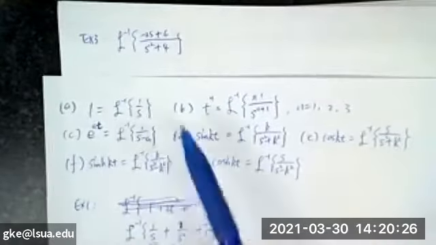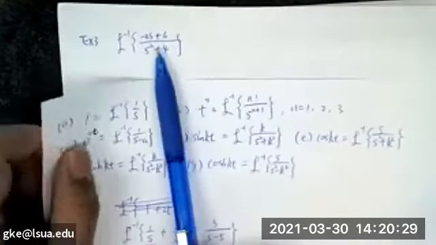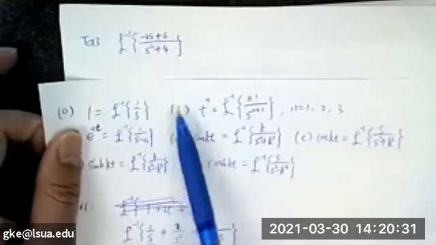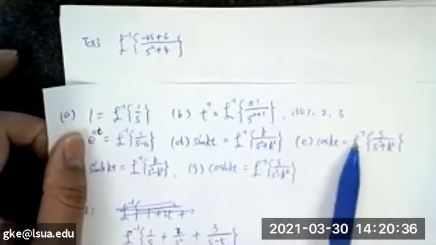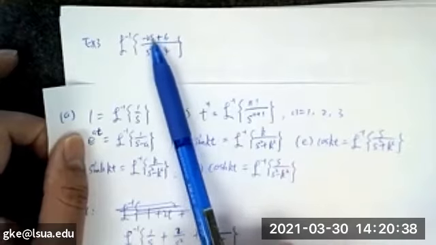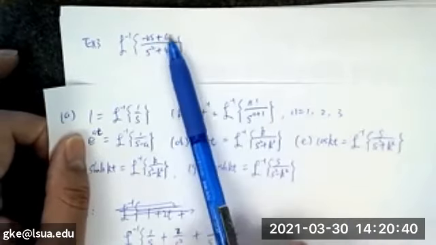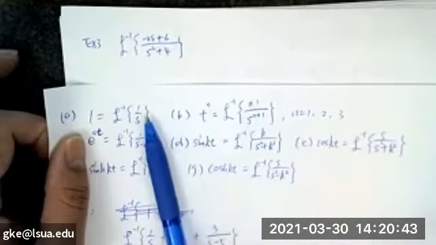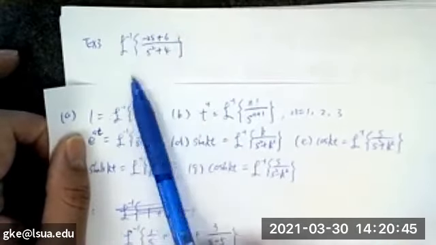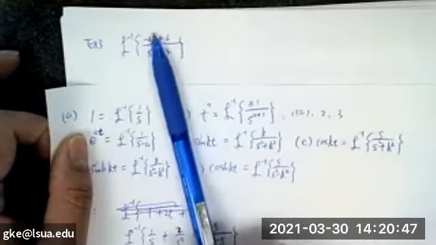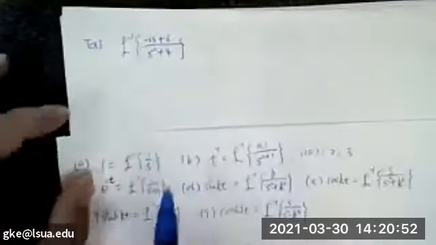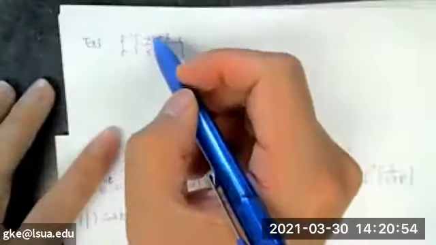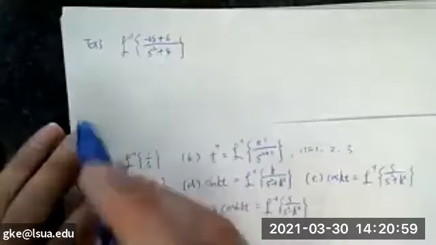Although we can find some clue for the denominator, s squared plus 4, like these two. But in the numerator, we have s, and also we have a constant plus a constant. So how to solve this guy? Here's a trick. Let's take a look. We can split the numerator into 2 parts. Take a look.